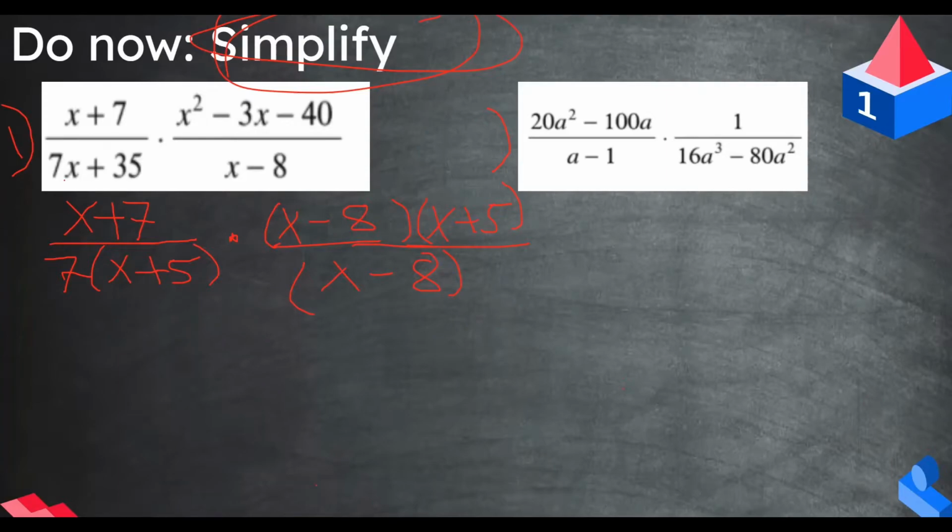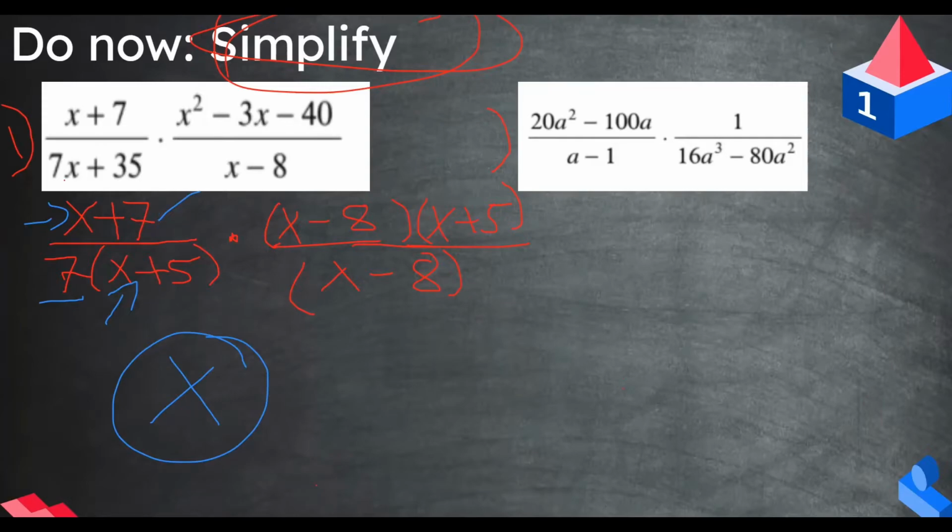X. And 7? Okay, you cannot tell me that X is a common term, because you have X in here and X in here, but that X is in an expression. That X is not by itself. What about 7? You can tell me about this 7, but you can't tell me about this 7, because that 7 is literally added to X. You cannot split them up.